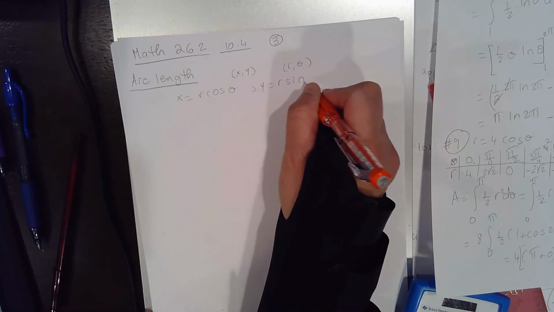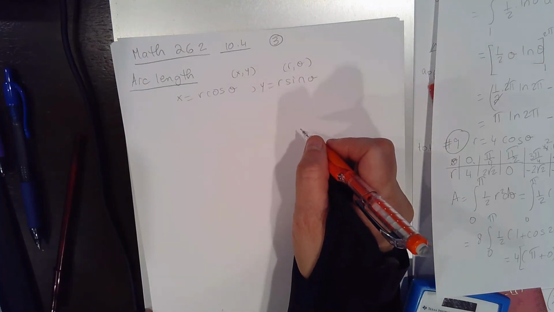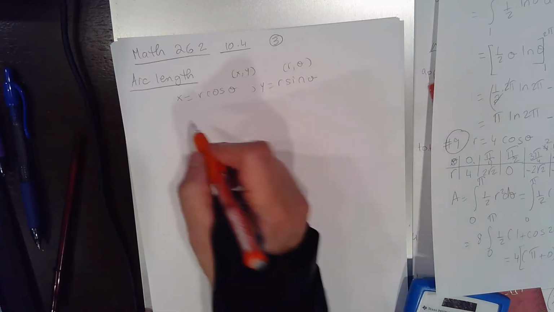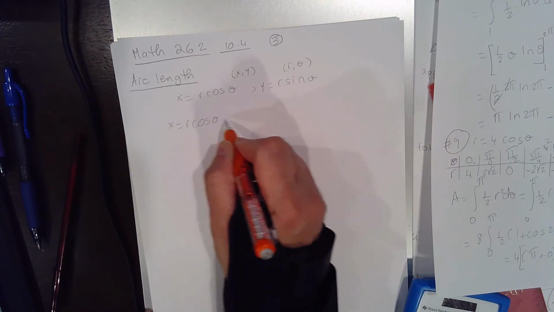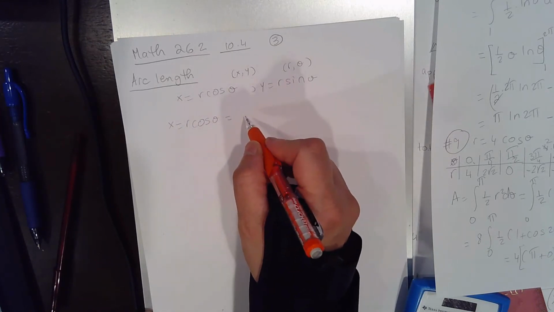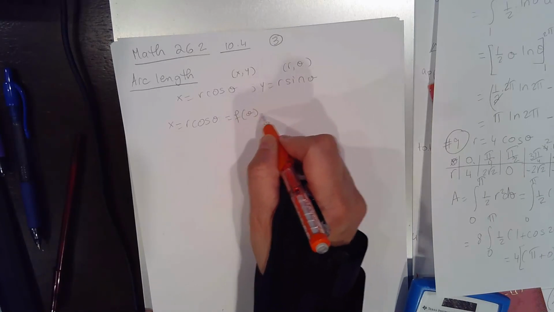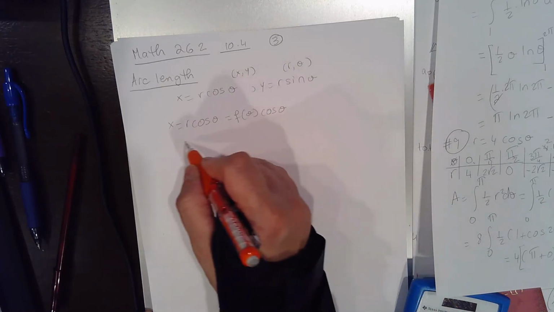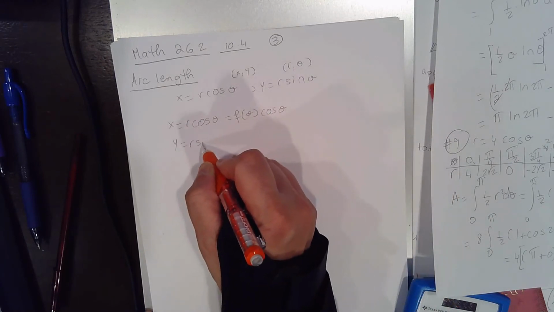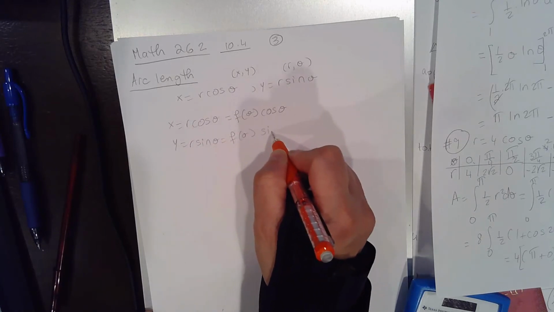You've also seen that in trigonometry. So if we take x equal to r cosine theta, now we know r is equal to f theta, so x is f theta cosine theta, and y equal to r sine theta is f theta sine theta.